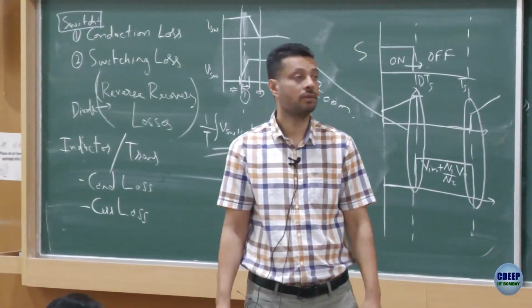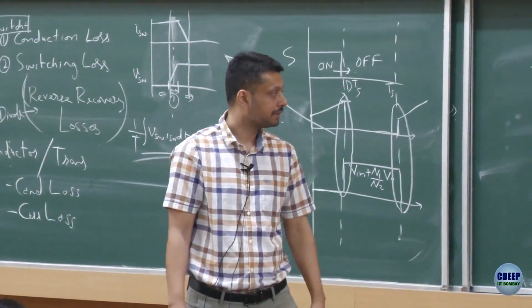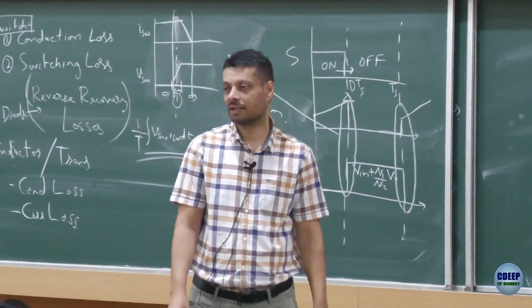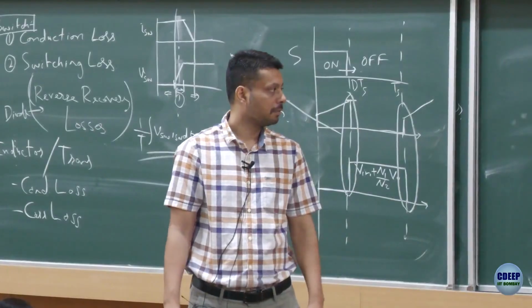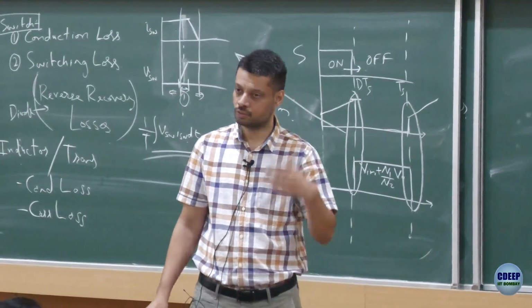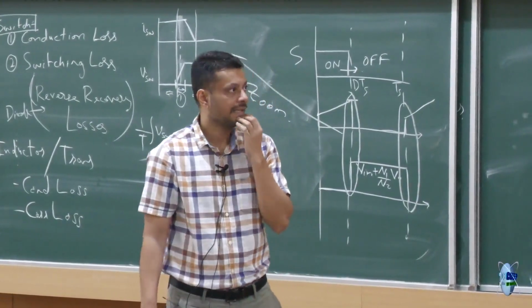Any doubt? Of course you should have doubt how it operates, which we can cover in the next class. We will not start drawing the waveforms, but is the motivation clear to move on to the next circuit?